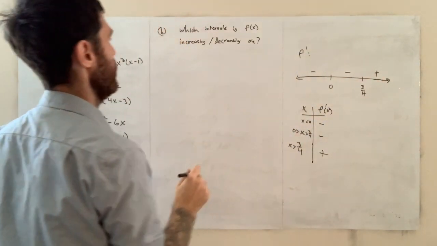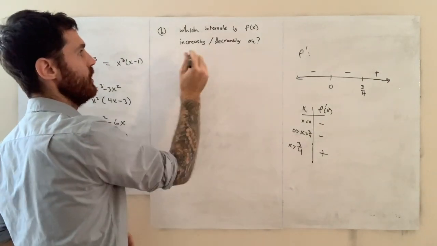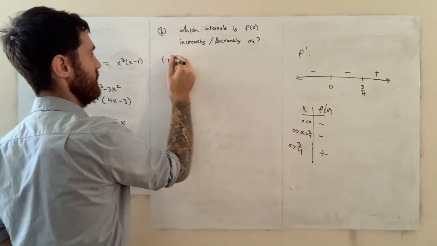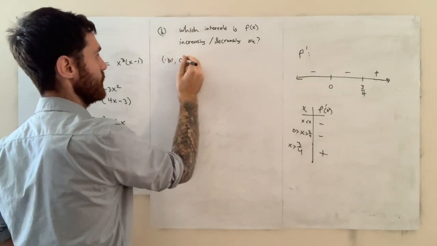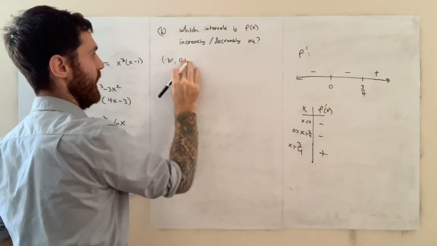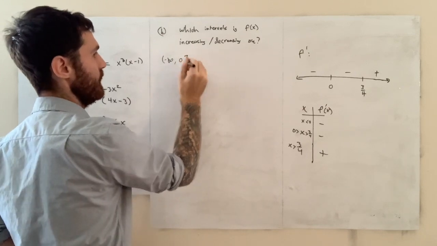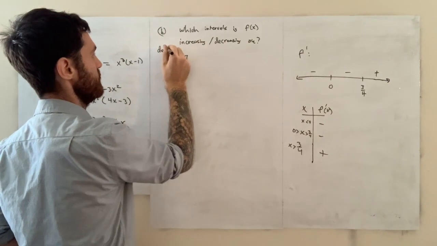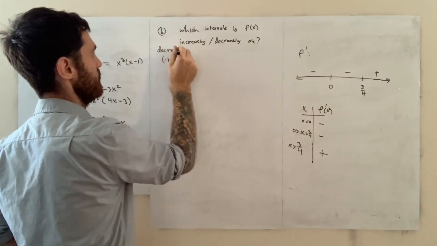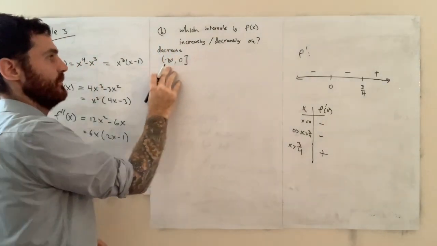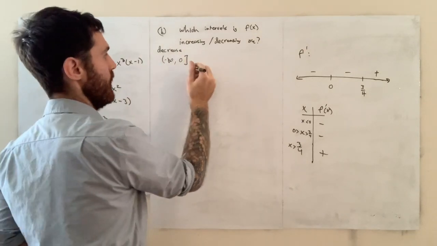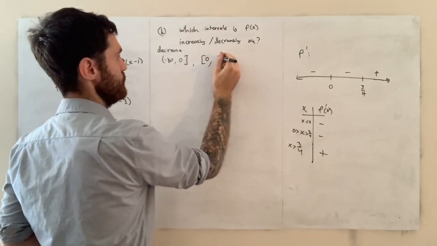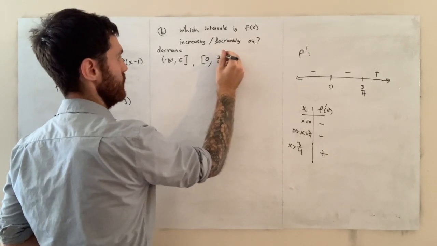So what we know is that it's going to decrease from -∞ all the way up to 0, but also from 0 all the way up to 3/4.